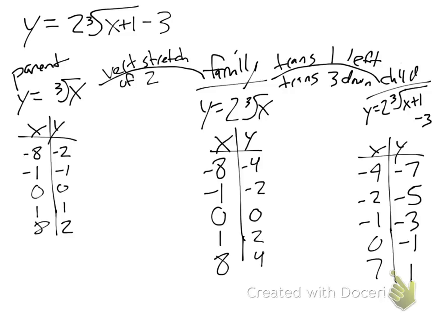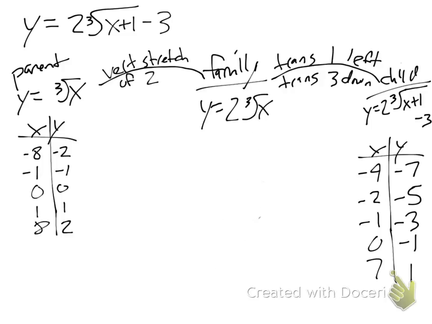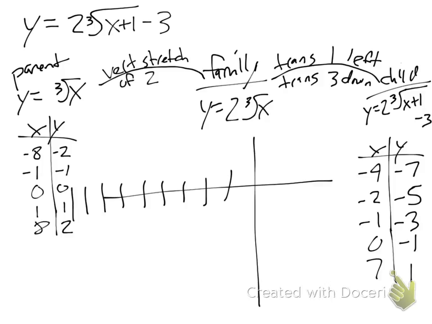So our graph will look like this. And I'm going to save myself some space in here. Actually, I need to be up here. So 1, 2, 3, 4, 5, 6, 7, 8, 9. And 1, 2, 3, 4, 5, 6, 7.